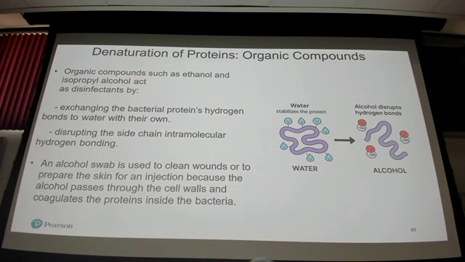What happens is, if you use hand sanitizer, say that's a bacterial protein on your hand, the hand sanitizer will interact with those water molecules and the proteins within the bacteria, so it's going to break those hydrogen bonds and interactions, and the protein will linearize, and that's going to kill the bacteria or make it inactive in terms of what harm it can do if you need a sterile environment or things like that. Does that make sense?